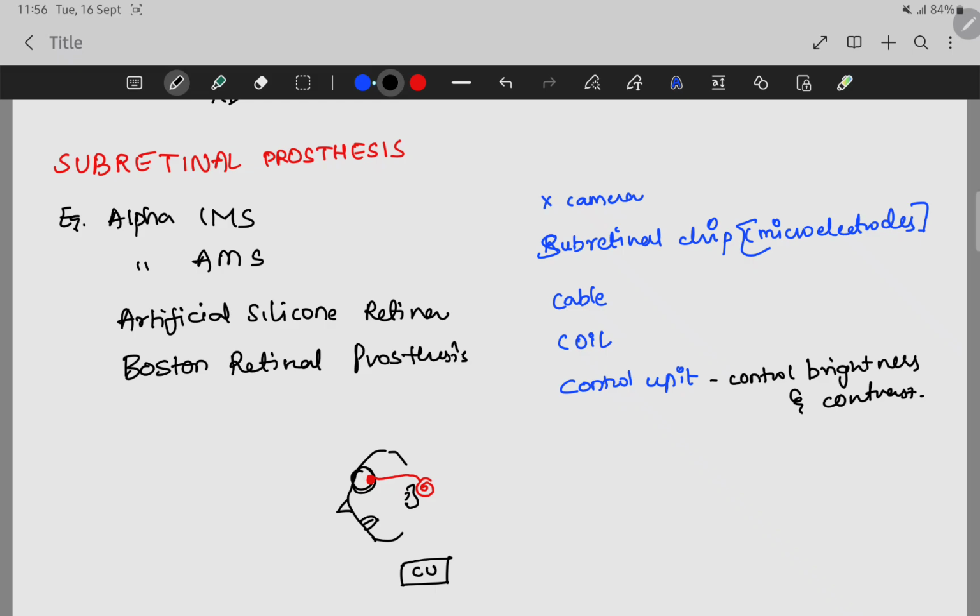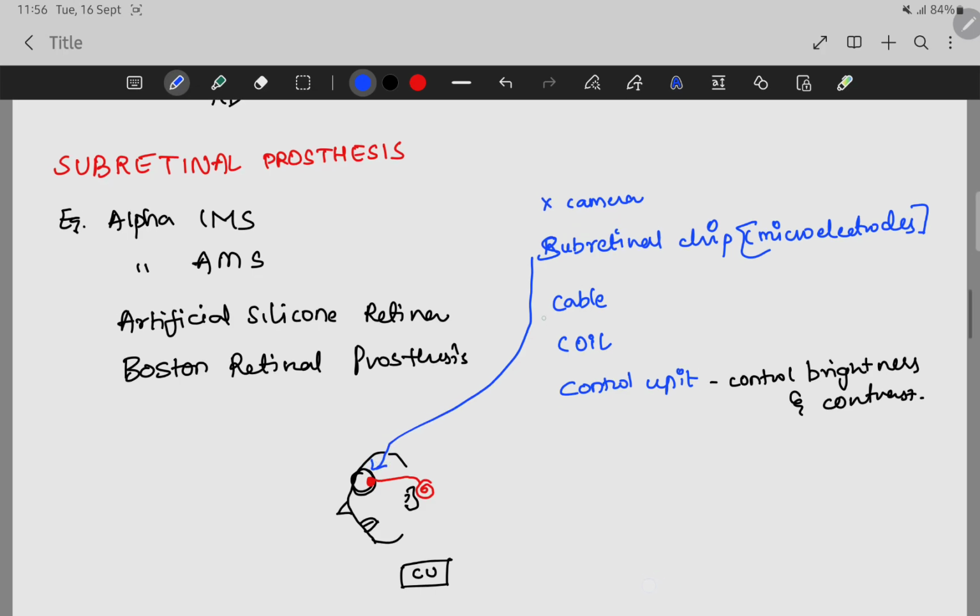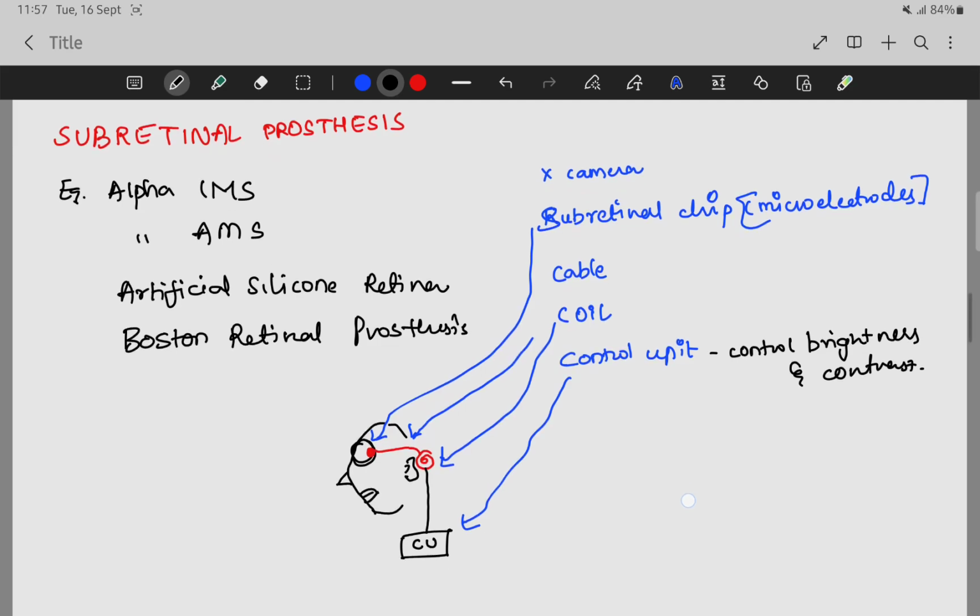So we have this chip, cable, coil, and the control unit. So this is a handheld control unit which is attached to this. Okay, so here we are eliminating the need for a spectacle mount camera.